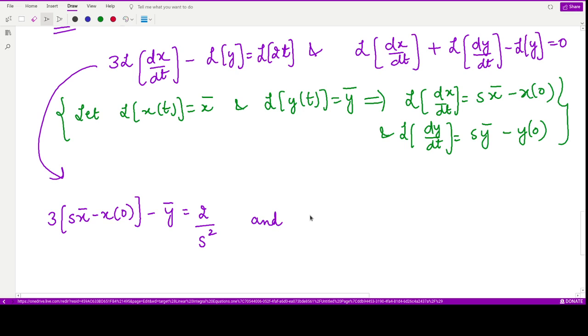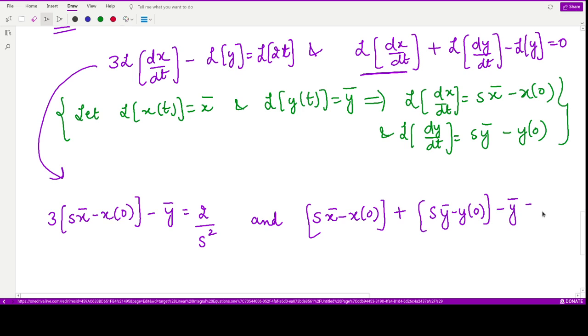And for the second equation, we have s times x bar minus x of 0, according to the first term. And then according to this term, s times y bar minus y of 0, and minus y bar is equal to 0.